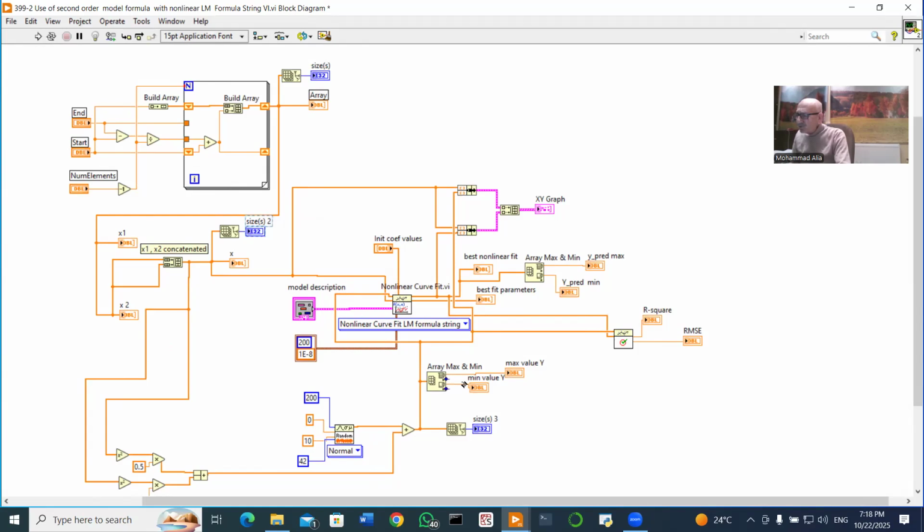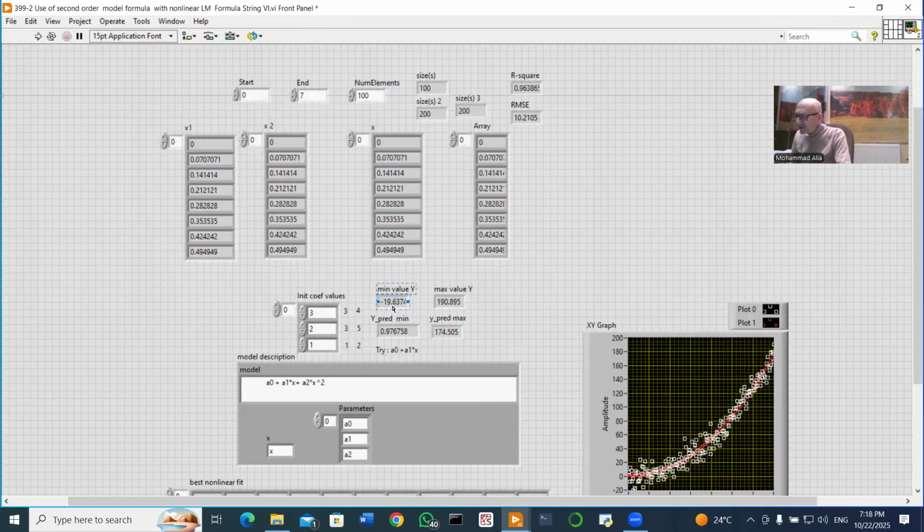Here I have shown you, if you are interested, the maximum and minimum values within this input array. This is interesting, so that when you select the initial values, you choose them in the middle, within this range at least. The minimum value of this array, if I double click it, is minus 19.